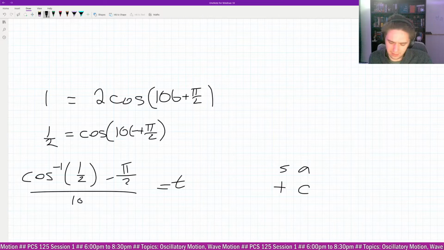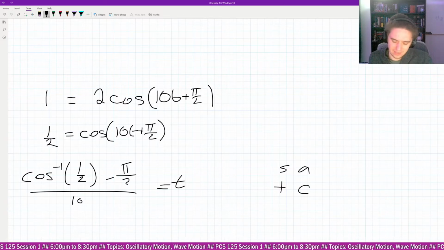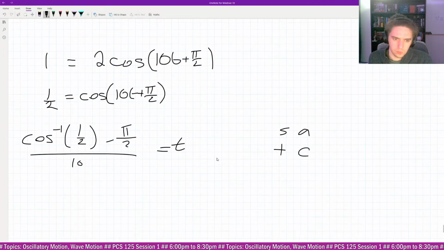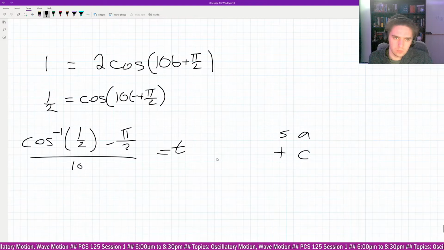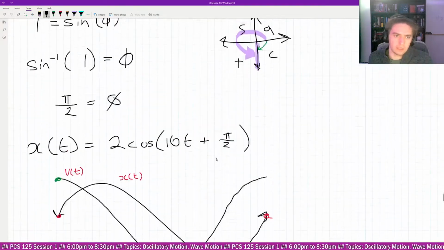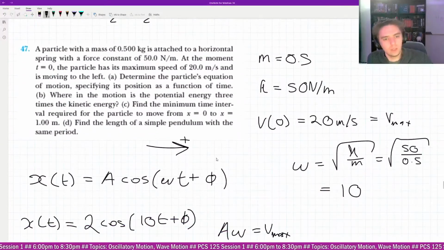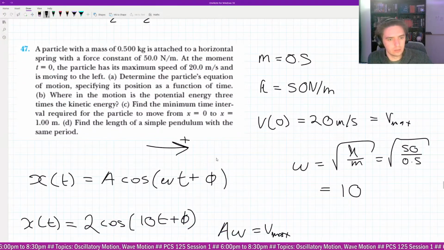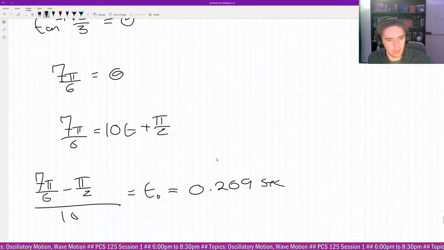It's also still negative, which isn't a good sign, but over 10. Oops. Do we also have to solve for t when this equation is equal to 0, not 1? And then find the difference between those? But the thing is that when this equation is equal to 0, t equals 0. Let's try it.